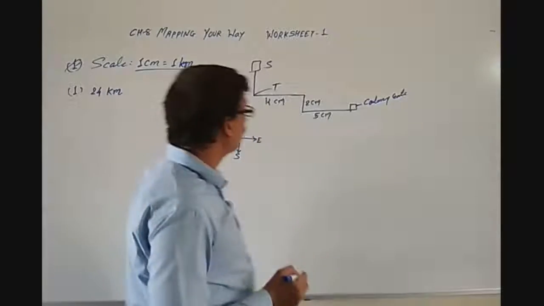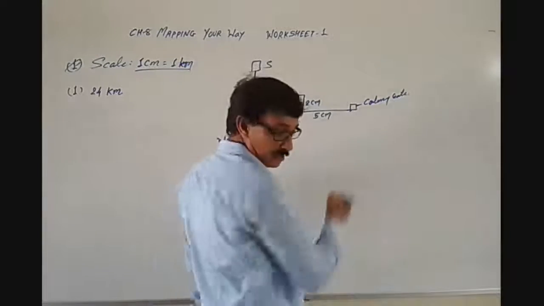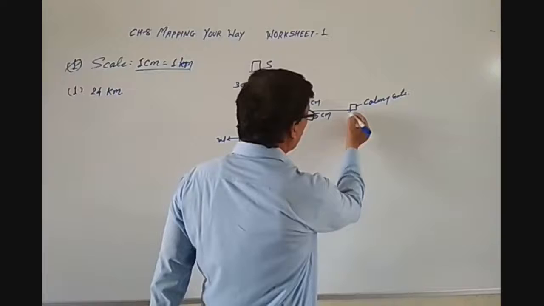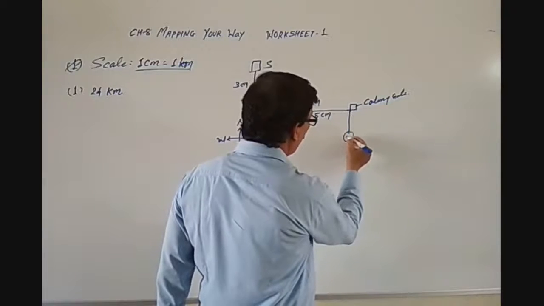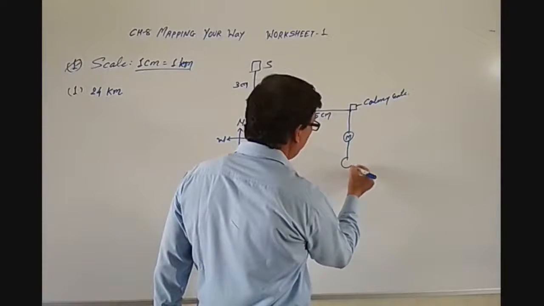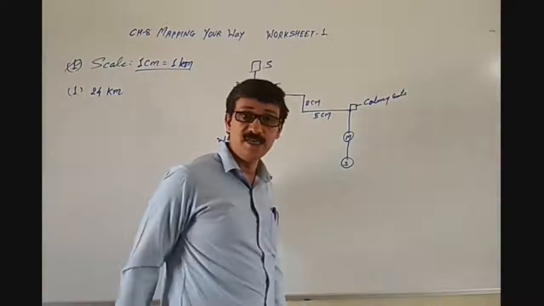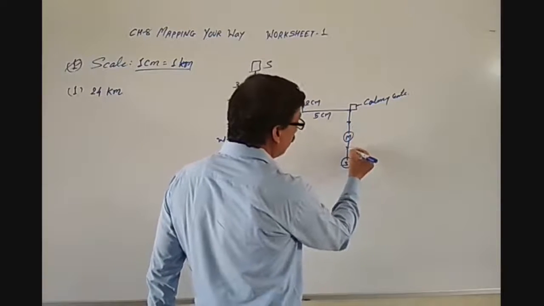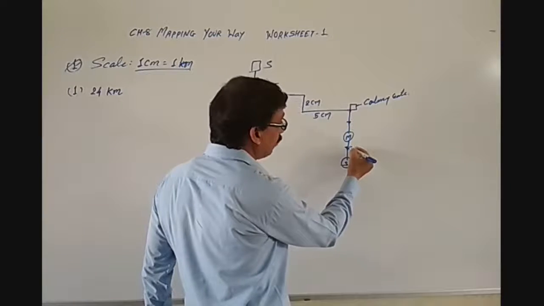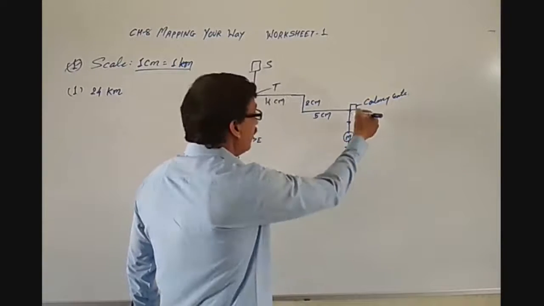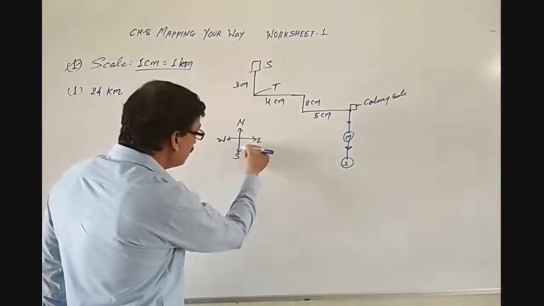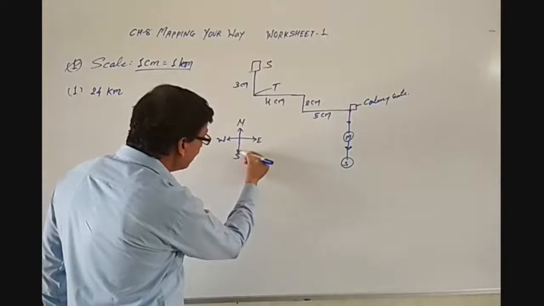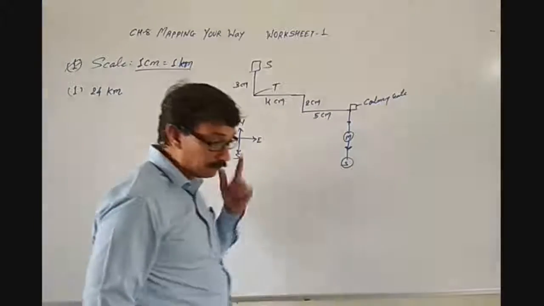Now we know the colony gate is somewhere over here. Now let's find out the school. Here somewhere it is mall. Here somewhere it is school, isn't it? So from colony gate we have to come in this direction. You can see the arrow in this direction, isn't it? Now coming to this direction, see the arrow, it is in the south direction, isn't it?